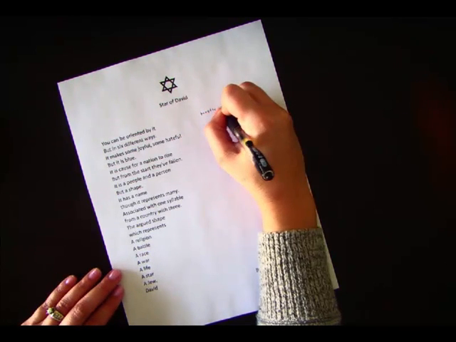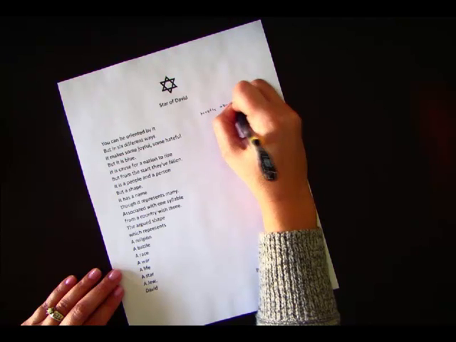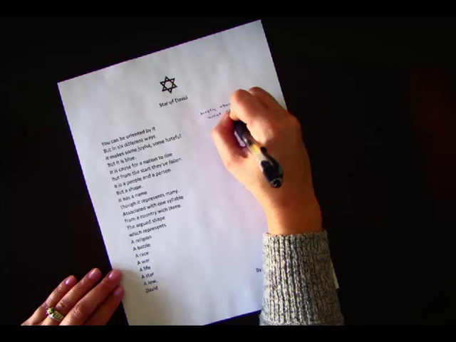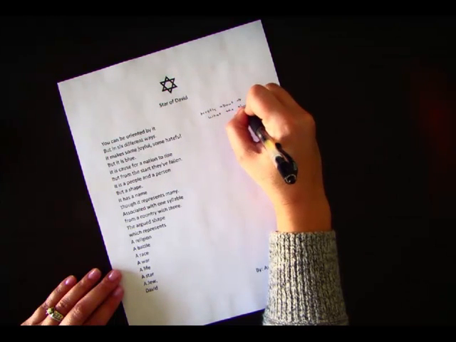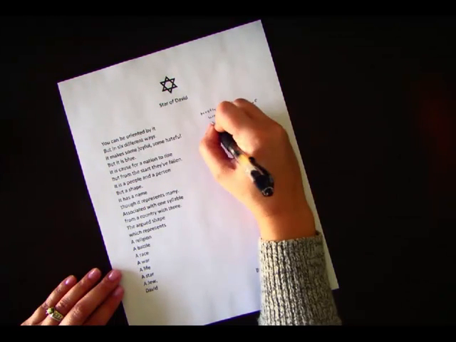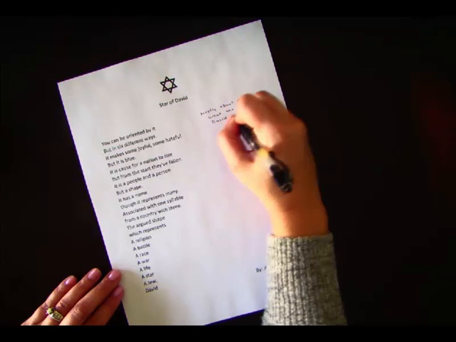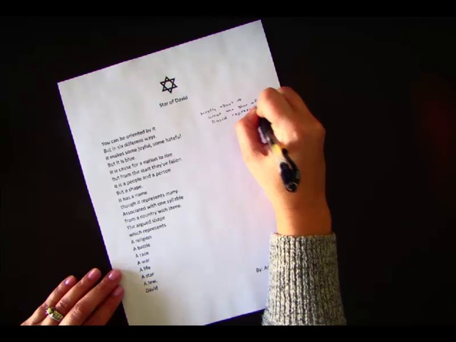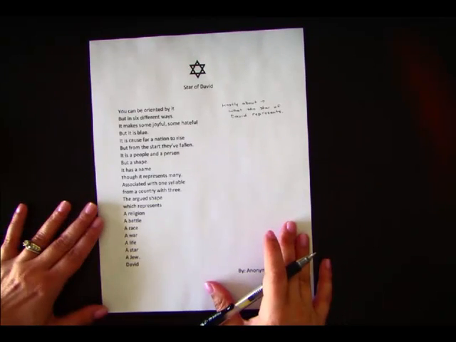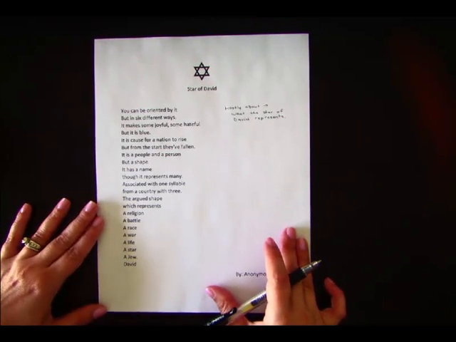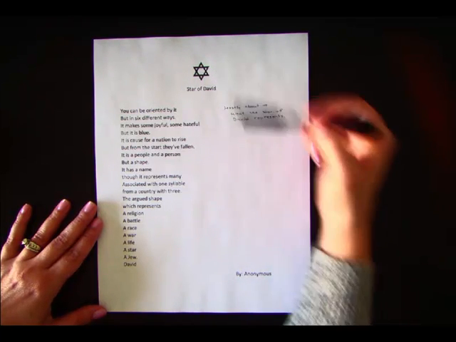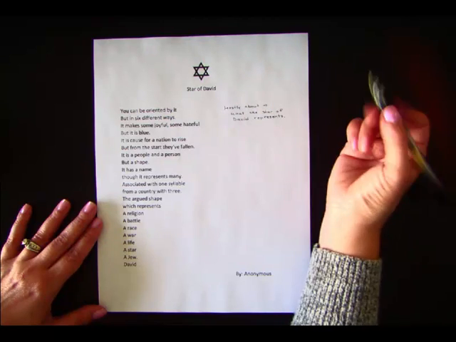I'm going to say mostly about, and it is what the Star of David represents. And so my reaction to this is that this one little star, this symbol, represents so many different things.